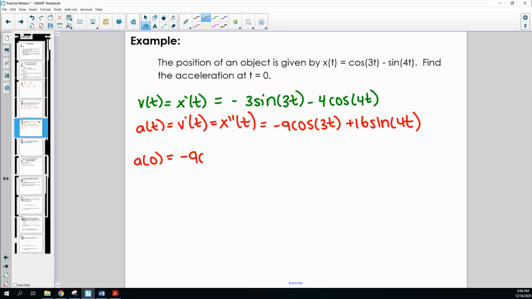Negative 9 cosine of 3 times 0, so cosine of 0, plus 16 sine of 4 times 0, which is sine of 0. When I solve this, it's negative 9 times 1, so negative 9, and then 16 times 0, which is just 0. So we end up with negative 9. Notice that this problem did not give me any units. If the problem doesn't have units, you don't have to have units in your answer. So this is just negative 9.